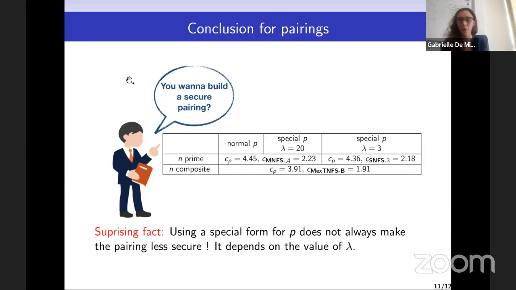And again, there were some surprising facts that we noticed. For example, if we use a special form of P, which allows us to use the special number field sieve algorithm, then we're not always necessarily making the pairing less secure, which was a surprising fact that we noticed. All the details are in the paper, and thanks for listening.